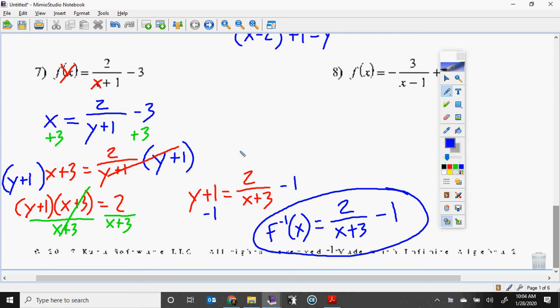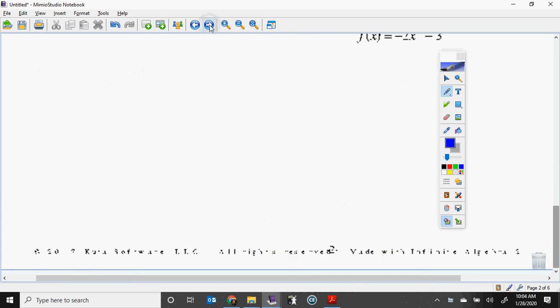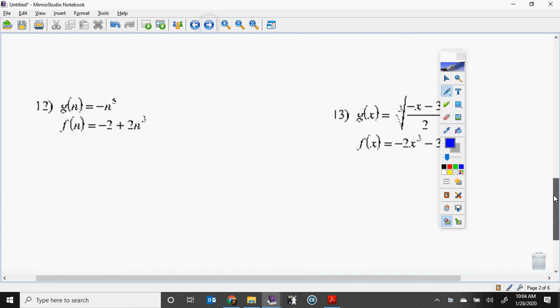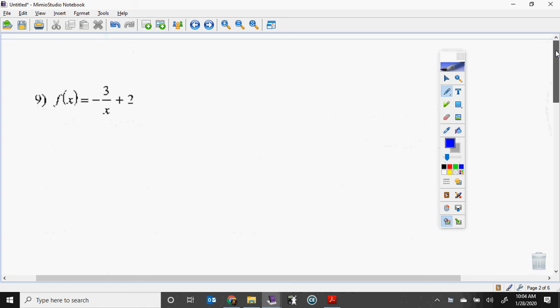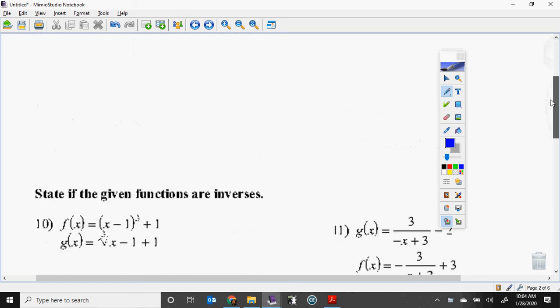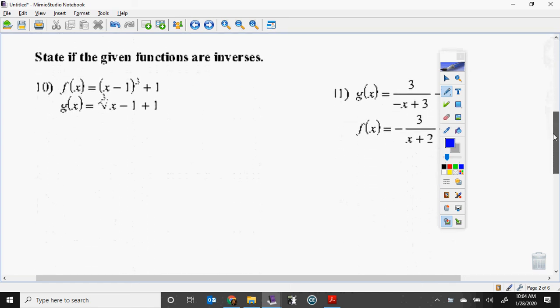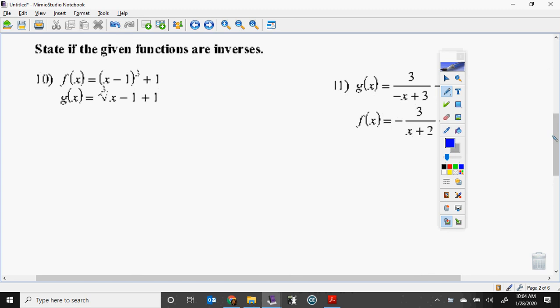Alright, and so if we continue on up here, we did one like that. Alright, are the given functions inverses? So, two ways you can do this one. One is you can actually just find the inverse of one and see if it matches the other.